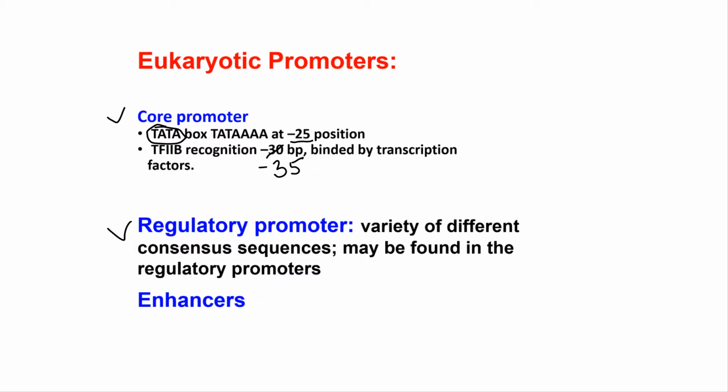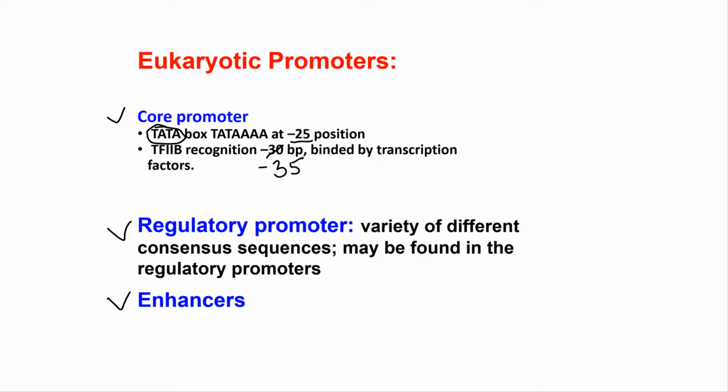Usually it contains a mix and match of different combinations of consensus sequences to which different transcription factors bind. So the regulatory promoter is very specific for each particular gene, and therefore there is no common structure or common consensus sequences. Different genes combine different consensus sequences and use different transcription factors to enhance transcription. In some genes you can also find enhancers.